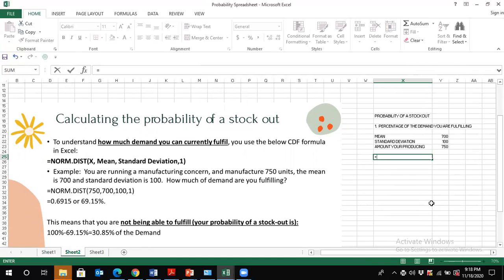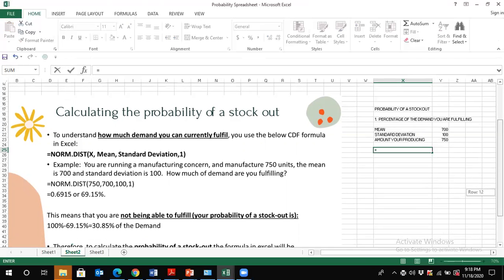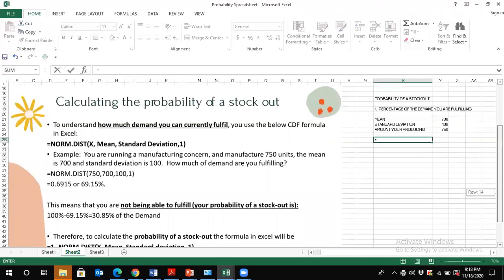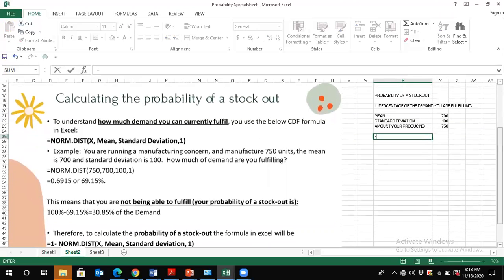When you press equal or plus in Excel, it indicates to Excel that you are about to put in a formula that it needs to calculate a value for. So here we know that the formula is NORM.DIST. In order to calculate this, this is the formula, right?